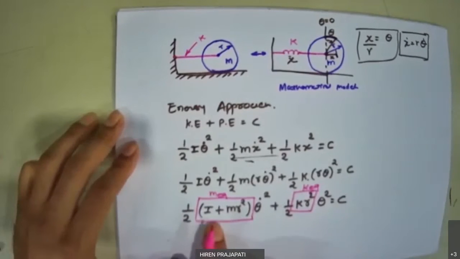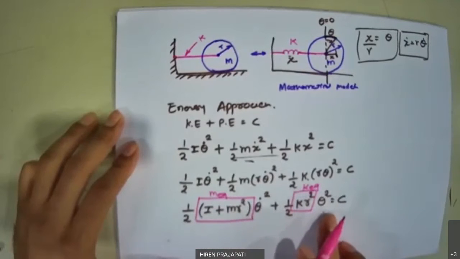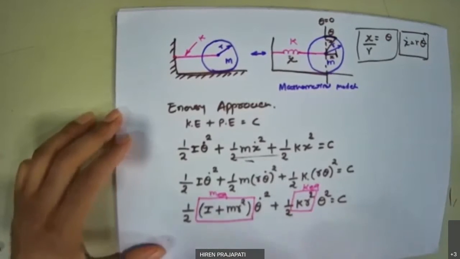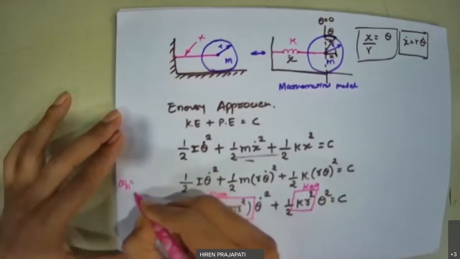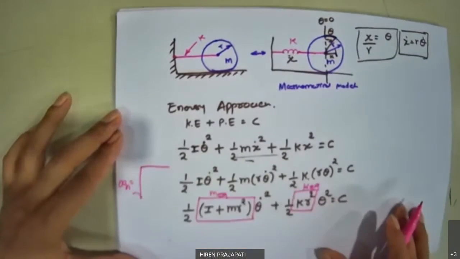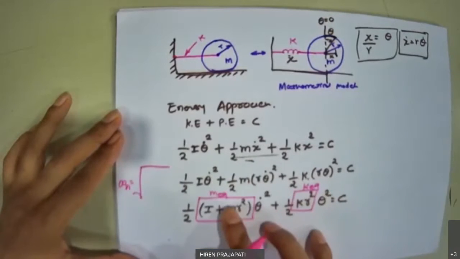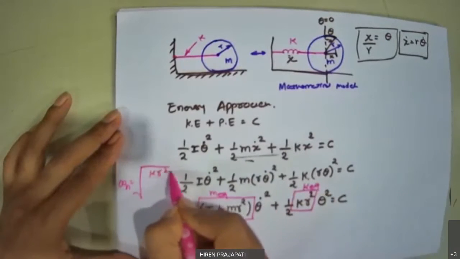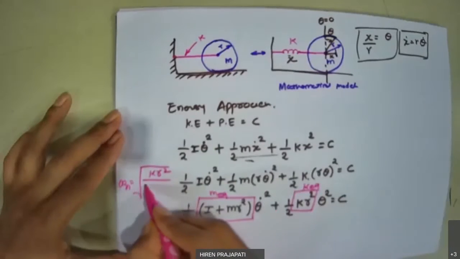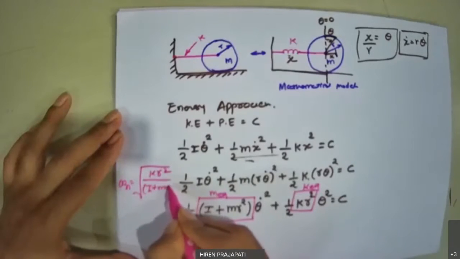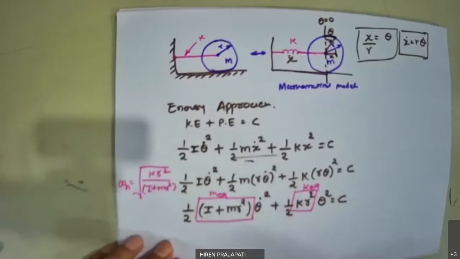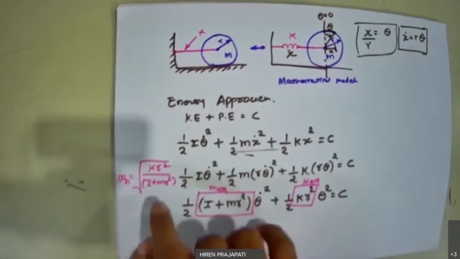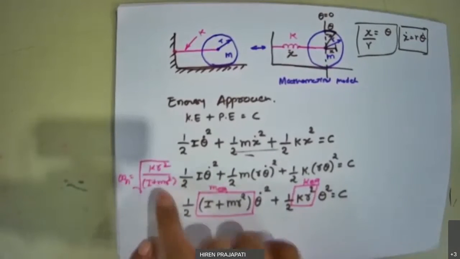We get 1/2 m equivalent theta dot square plus 1/2 k equivalent theta square. Then we also know the natural frequency. So omega n is nothing but square root of k equivalent by m equivalent. So I can simply write k r square divided by I plus m r square, right? But let us derive it in a formal way. We will get the same result which is presented here.